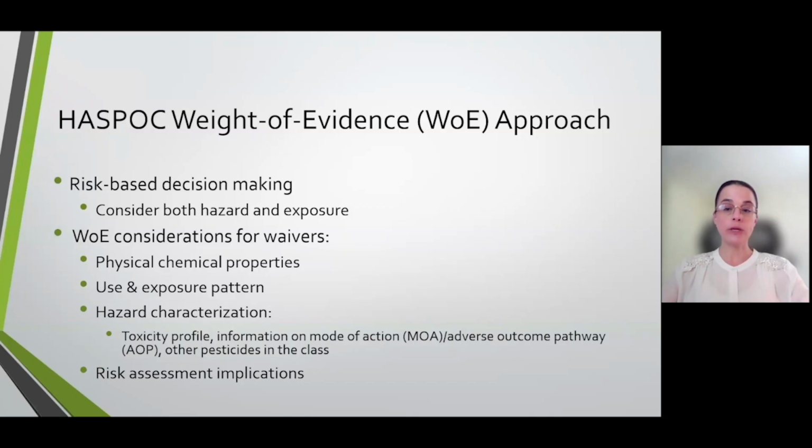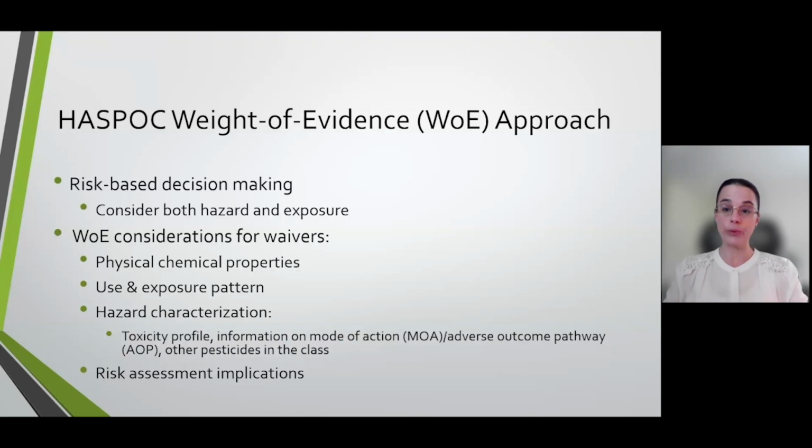So this committee uses a weight of the evidence approach, and it takes into consideration not only the hazard, but also our exposure information. We look at such things as physiochemical properties of a chemical, the pesticide's use pattern and how people will be exposed, and all of the hazard information that we have available for that chemical of interest.